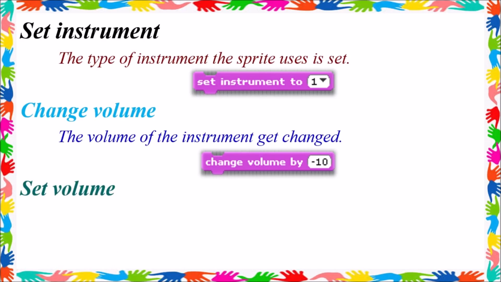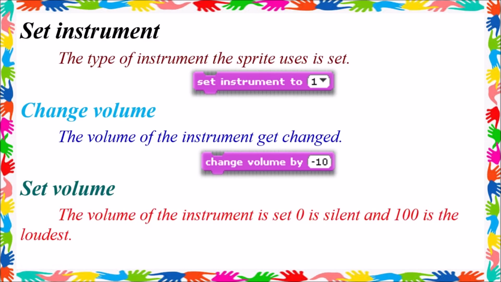Then next one, and the end of the blocks category, set volume. If you change the volume of your specified instrument, after that you can set the instrument volume to a number from 0 to 100 by using the set volume block.